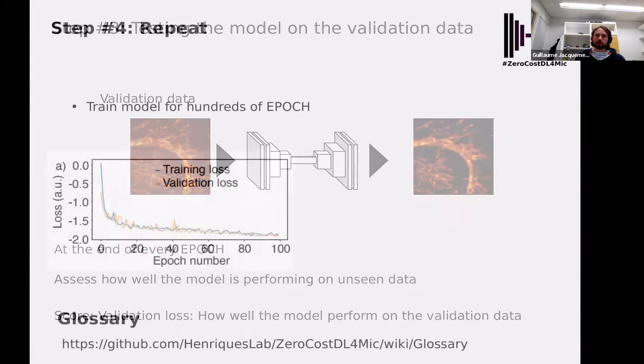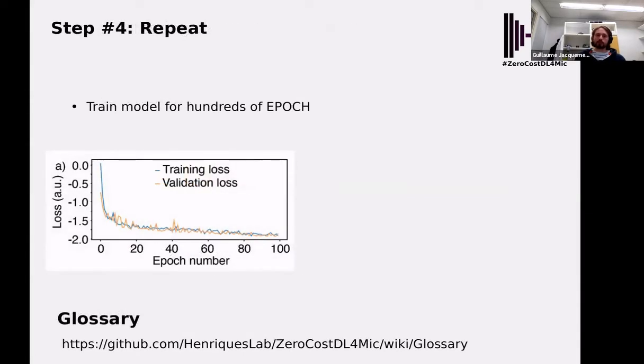So why is that important? It's because one of the first outputs that you get after training a deep learning model is this kind of graph here, which is a representation of the training loss and the validation loss over the number of epochs that you've used to do the training. And you will see here that the training loss is going down progressively, which means that there are fewer and fewer errors.